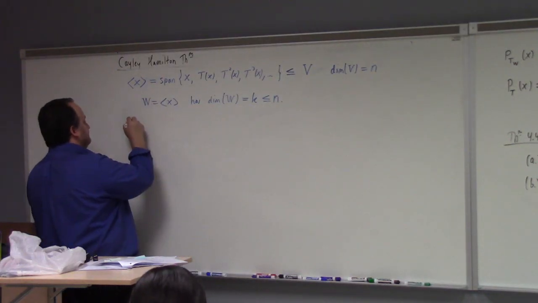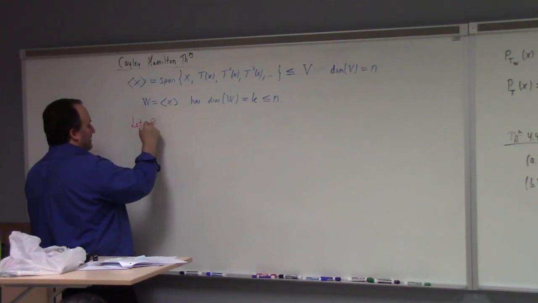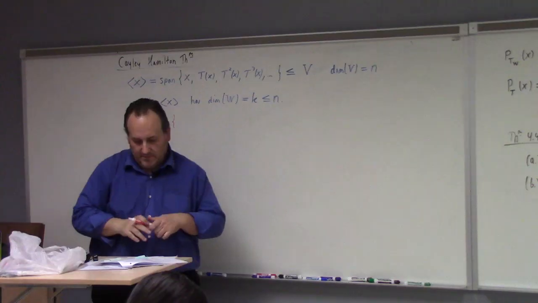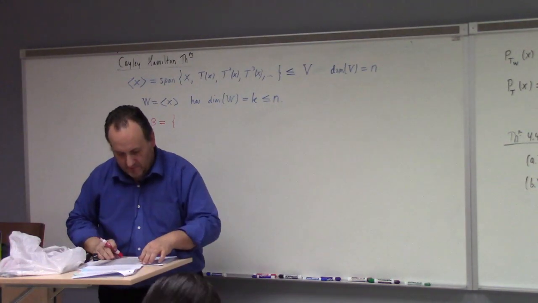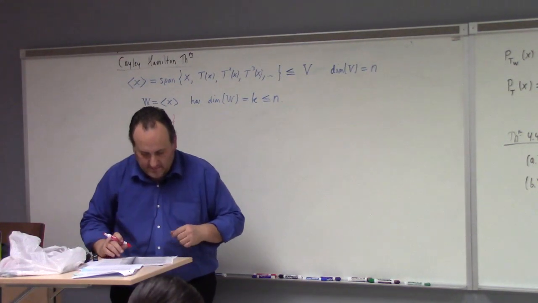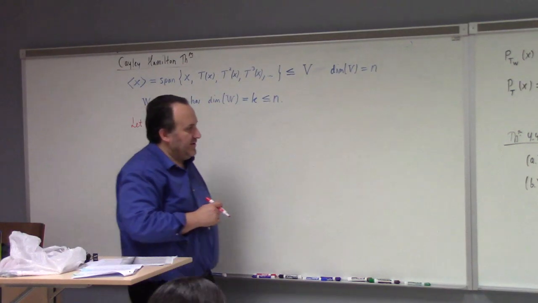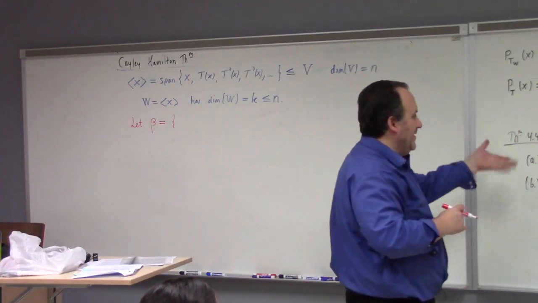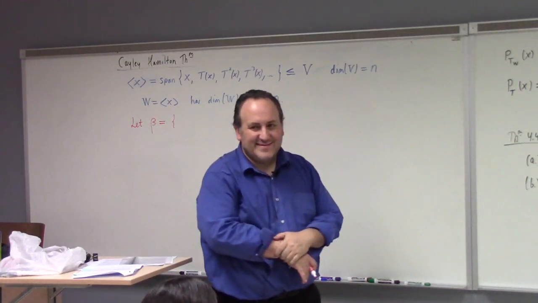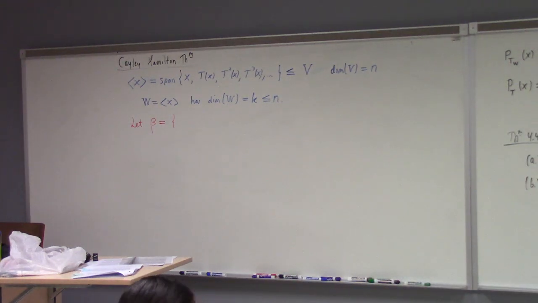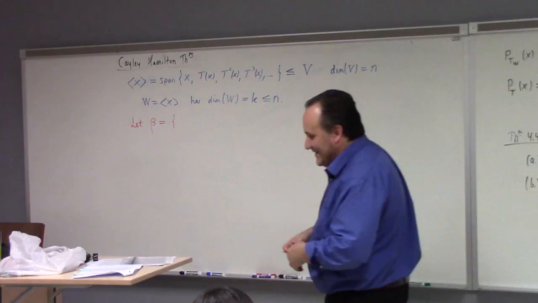All right, so let's try to look at that. So let's let beta equal to, now I've got to be careful here. I'm trying to follow the book. Oh, I think I forgot something that's important. What do we know about x here? X not equal to 0 is really critical, because if x were 0, that's definitely not a linearly independent set.